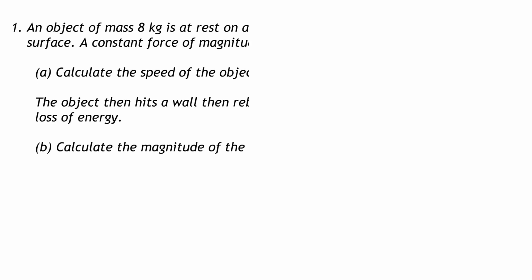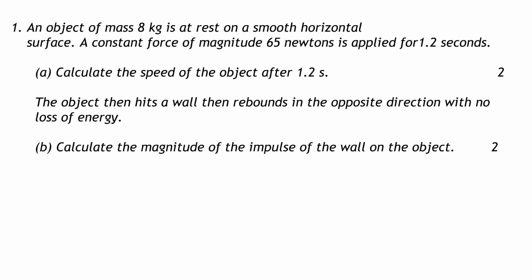Now, question 1a is a relatively straightforward question just to get us started. We've got an 8 kilogram object being pulled or pushed by a 65 Newton force for 1.2 seconds, and we're asked to find the final speed after that. Now, it's on a smooth horizontal surface.